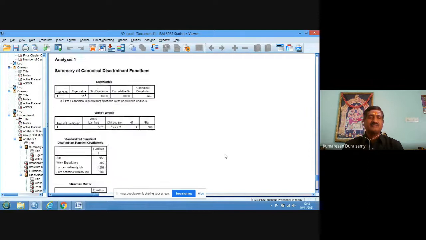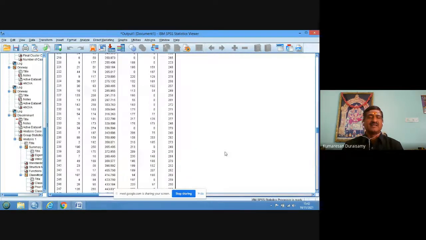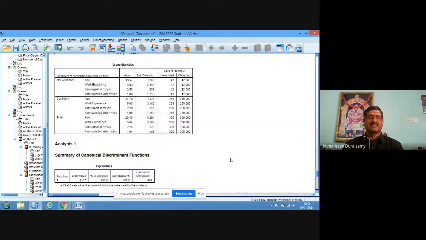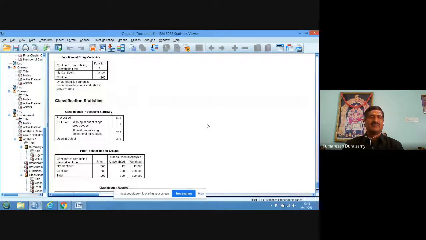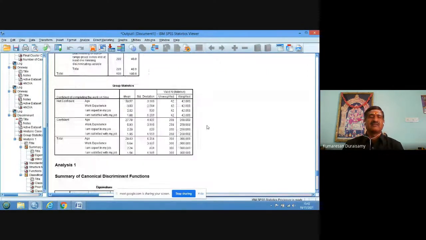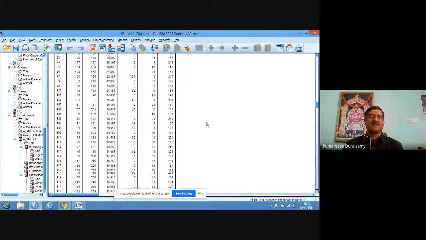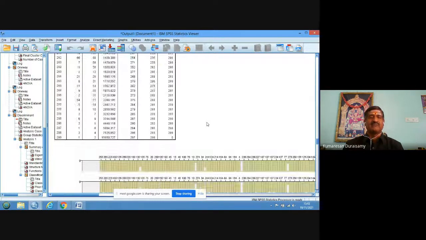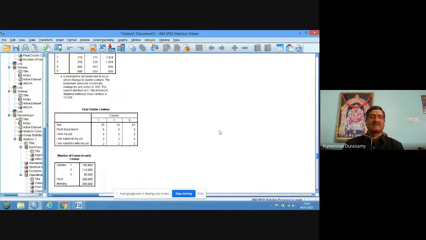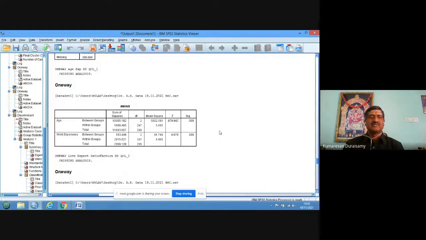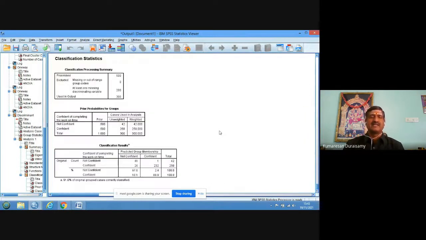Earlier, in the case of cluster analysis, we used 5 variables, and here we have used only 4 variables. For the sake of understanding only, I have given you just 4 variables. Even with the 5 variables, we can perform the analysis.